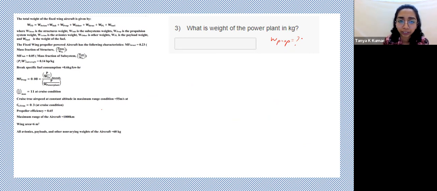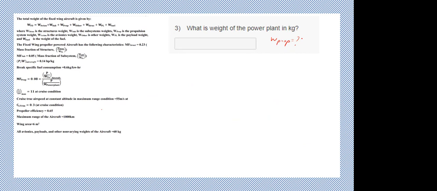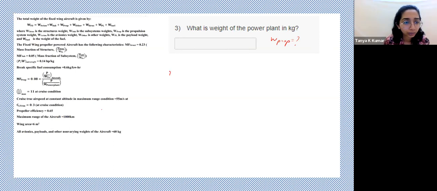Someone tell me, how do we find out the weight of the power plant? Just multiply the weight, which is 137, by the weight fraction of propulsion. Exactly. So you have that ratio, that is weight of the propeller by takeoff, which is given as 0.08.